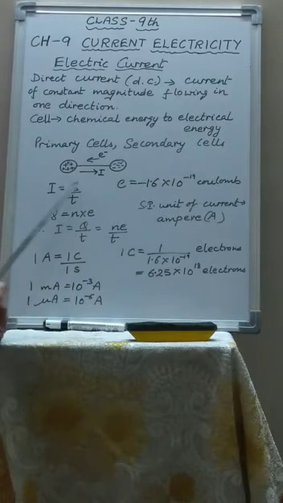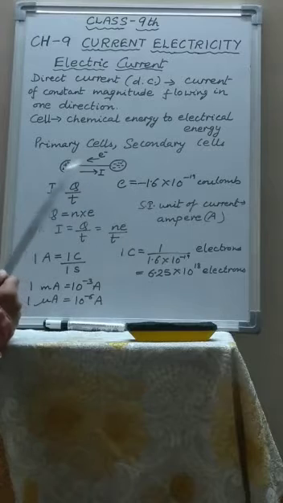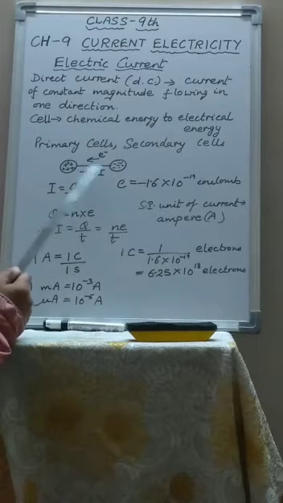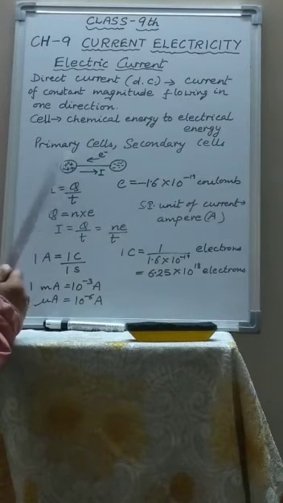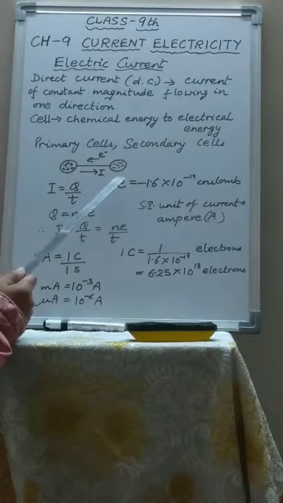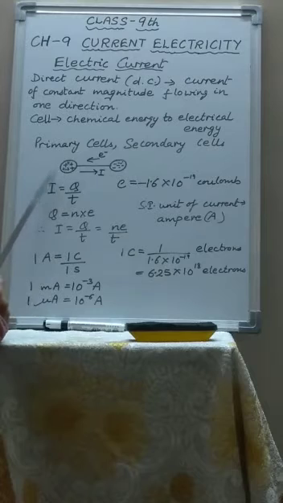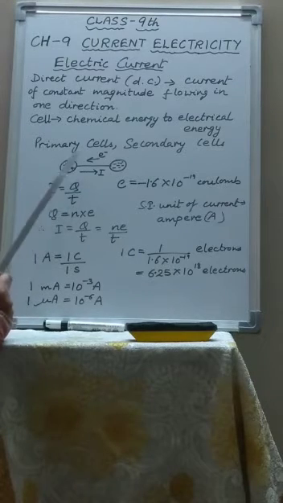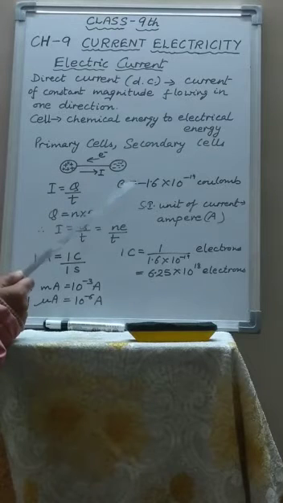Now, what is the definition of electric current and the formula for electric current? When two bodies are rubbed together, they get charged due to transfer of electrons from one body to the other. The body which gains electrons becomes negatively charged and the body which loses electrons becomes positively charged. A positive charge has a deficiency of electrons while a negative charge has an excess of electrons.